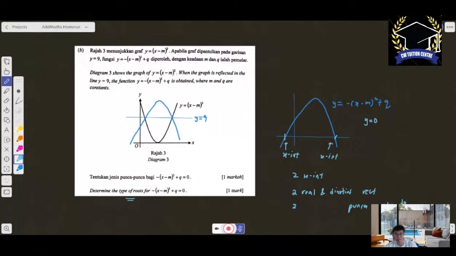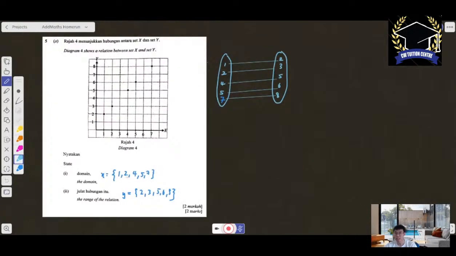Also can: two different roots, two distinct roots. Okay, mempunyai dua punca nyata dan berbeza. Nyata means real. Berbeza means distinct. Okay, good question. In this case, this is the function.